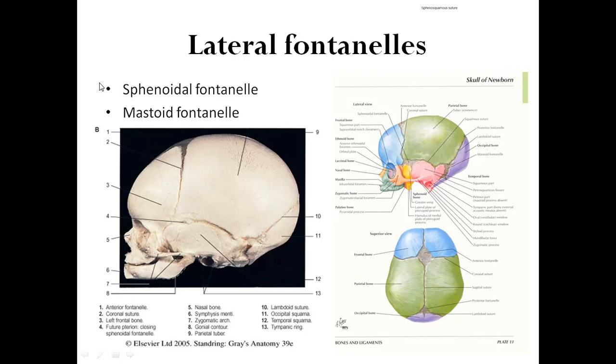Towards the sphenoid bone you call it the sphenoidal fontanelle, also called pterion. Behind, towards the mastoid process, you will have one membranous gap which is not yet ossified. You call it the mastoid fontanelle, also called asterion.